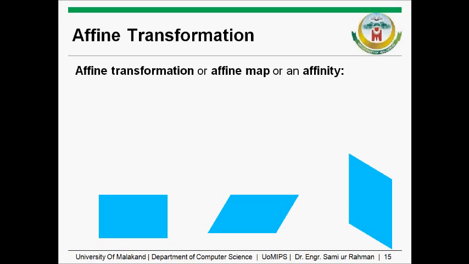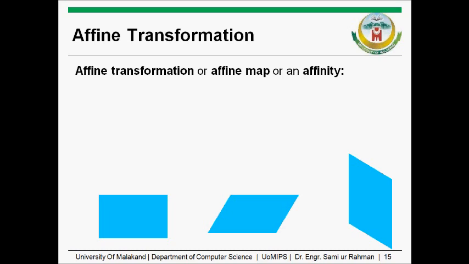In translation, the shape of the object remains constant. There is no change in the shape, no change in the angles, no change in the length. Okay? In rotation, there is no change in the angle inside the object. A square object after rotation will always remain square, and the length also remains constant.